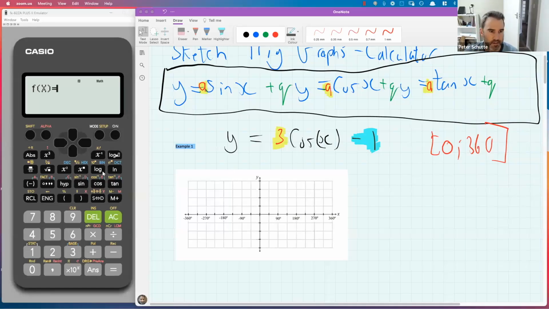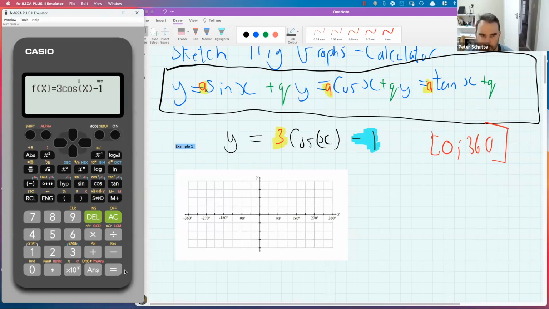And I'm going to type in there 3 cos x minus 1. Okay, I'll stop there for a second. I'll give you some more time to finish it before I go and do the next bit.